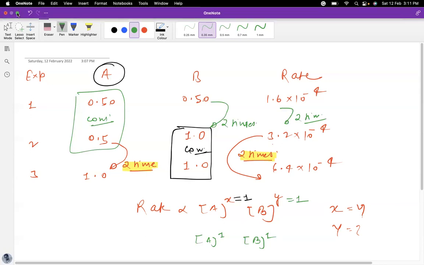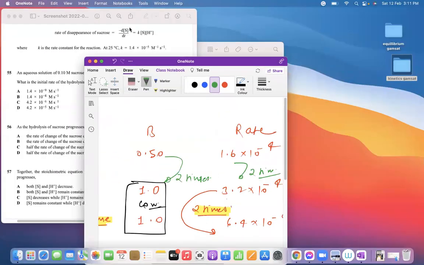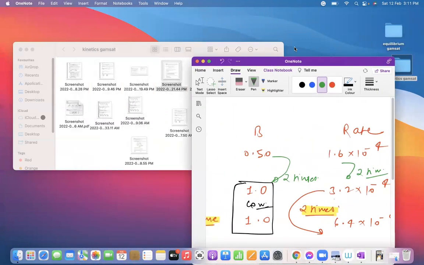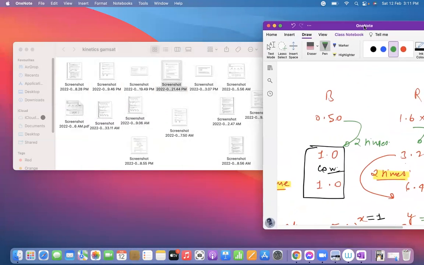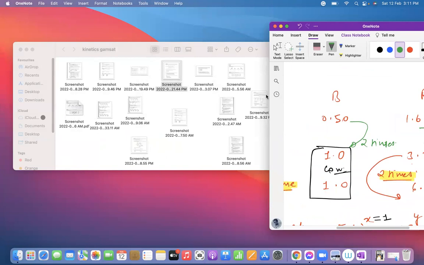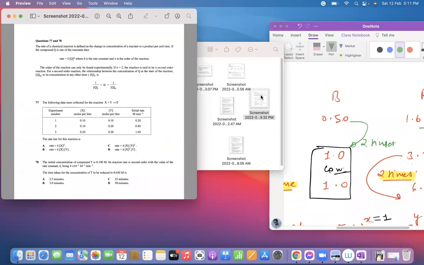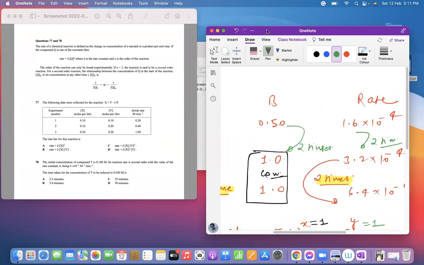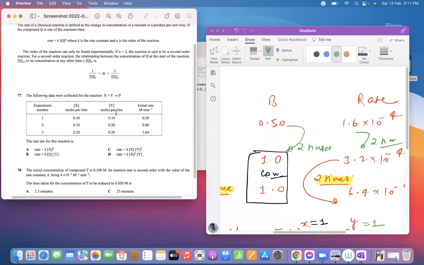Okay, perfect. Now I have a question for you. Just give me a second. Okay, can you see question number 77? Tell me what it should be.